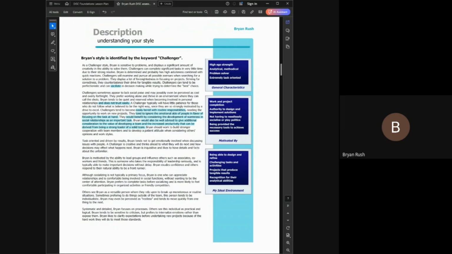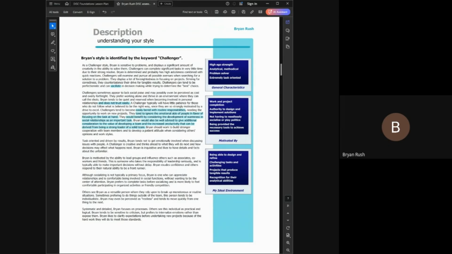But on the right is some other incredible value. It tells what the general characteristics of that behavior pattern are. High ego strength, for example, and general characteristics: analytical, methodical, problem solver, extremely task oriented. And then it shows motivated by, that section in the middle: motivated by work and project completion, authority to design and implement solutions, and so on. So it's going to show you what this person is motivated by, what their general characteristics are, and what the ideal work environment for that behavior pattern is, which I love, right?